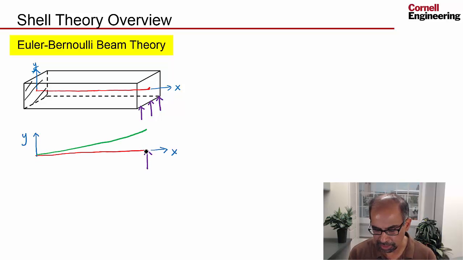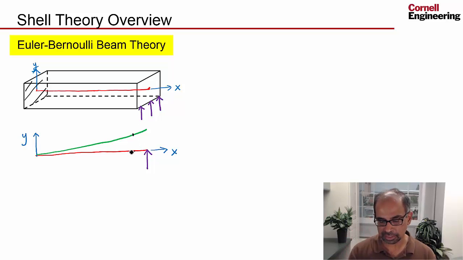You say that the midline under the influence of this load is going to deform something like that, and I've exaggerated the deformation. So if I have a point on the midline like that, it's going to move in the y direction, that's in the transverse direction, to over here.